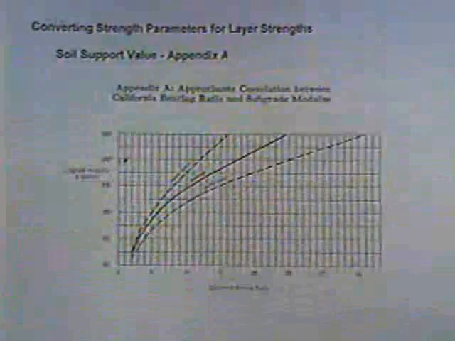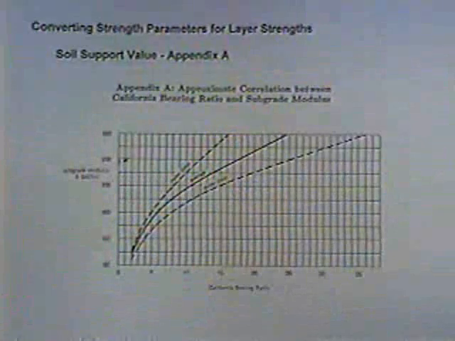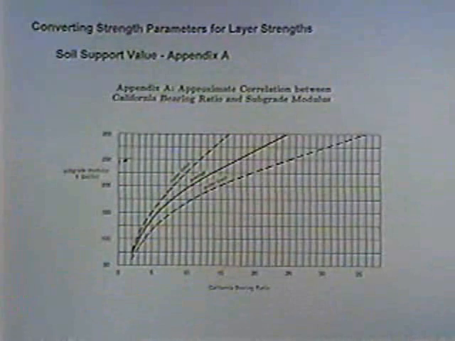Okay. Now what you need to do is correlate this soil support value S with some other known soil property, such as the California bearing ratio, or there are a couple of other ways of doing it as well. Just for example, in Appendix A in your reference manual, there's a chart or table that you can use to convert your California bearing ratio values to some subgrade modulus or soil support value.